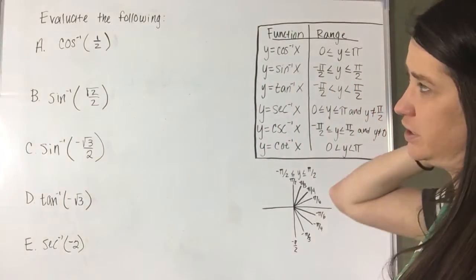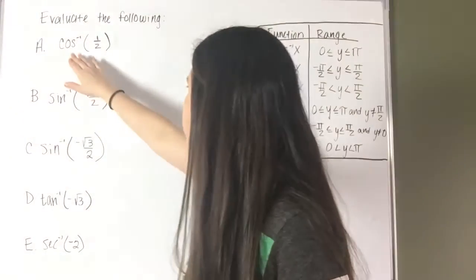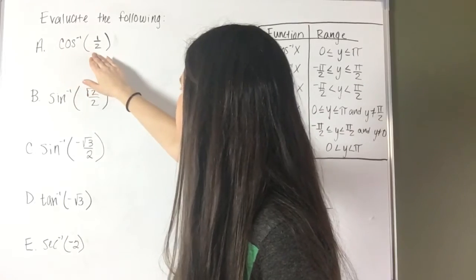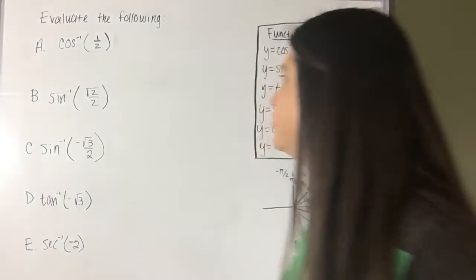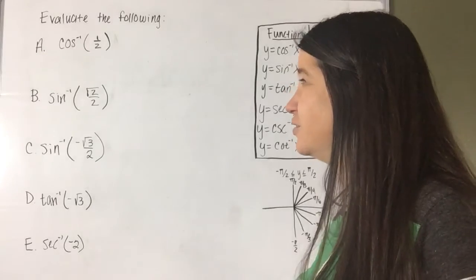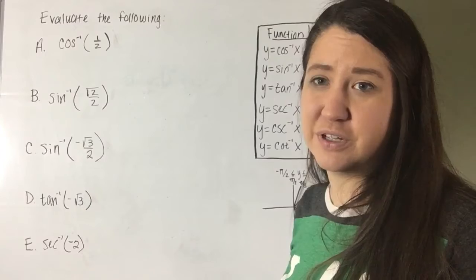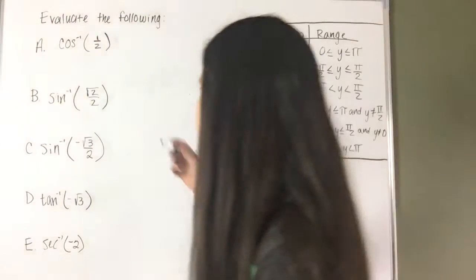For the first part here, we want to find what the value of arc cosine is at 1/2. Another way to look at this really is to ask yourself, what angle has a cosine value equal to 1/2? So you could rewrite the problem like this.